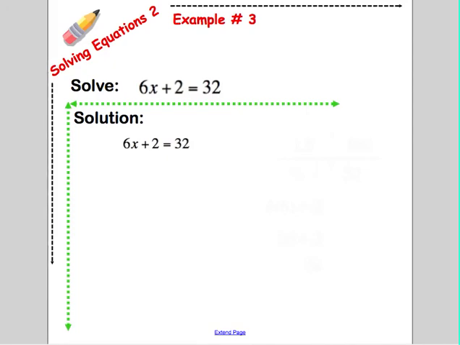Example 3. Solve 6x plus 2 is equal to 32. Here I have a separate value of plus 2. I'll subtract 2 from the left side, and in doing so I force myself to subtract 2 from the right side as well. This will get rid of my separate value. On the left side I'll be left with just 6x, and on the right side I'll be left with 30.